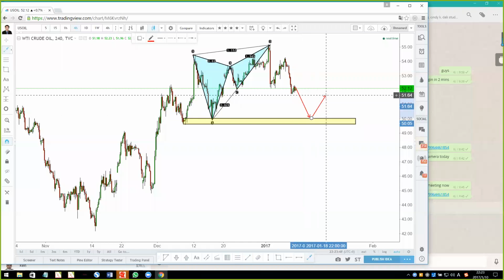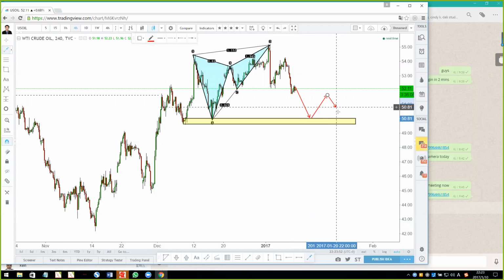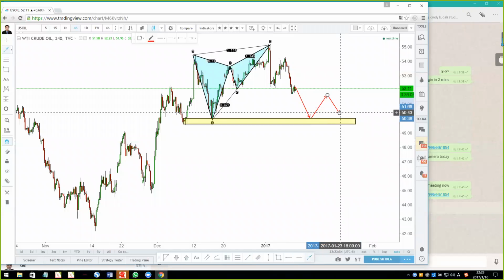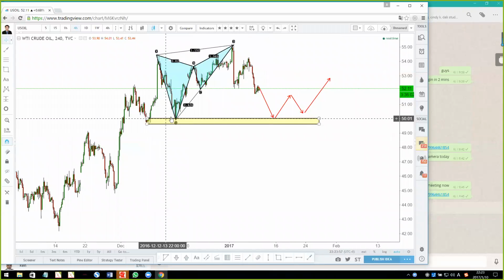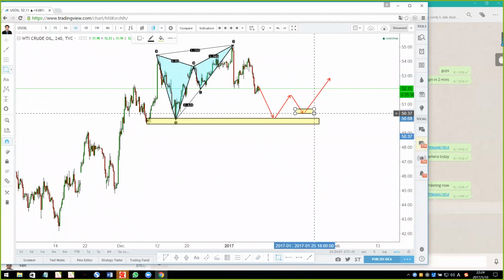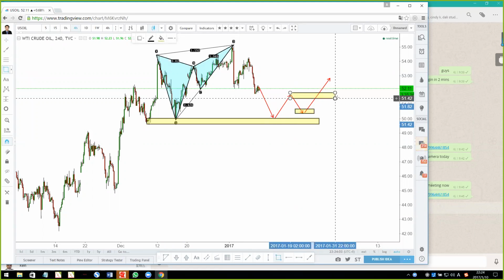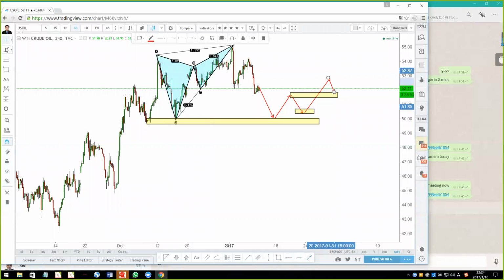It may bounce back, right? Or it may form a double bottom here. If you see this kind of thing, then you know that, yeah, this structure is very good. You want to buy the pullback. You want to buy here, or you want to buy the break of the neckline. You want to buy here.